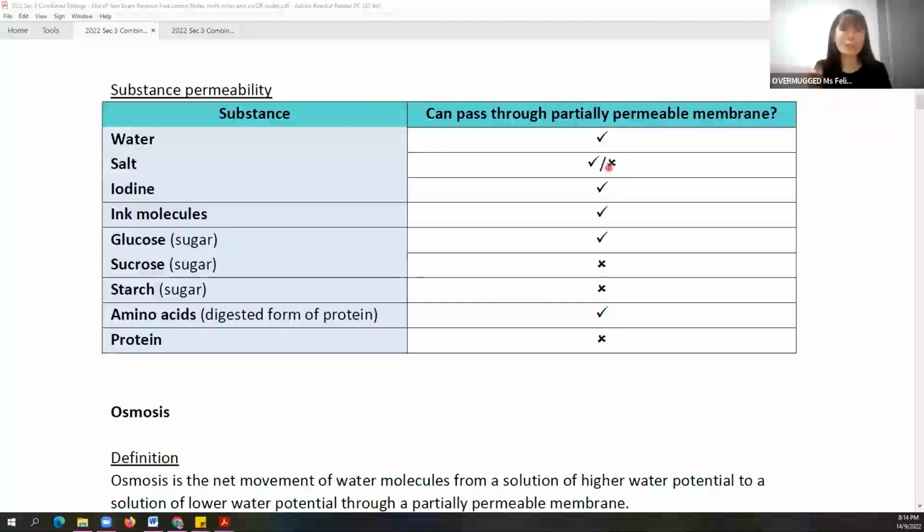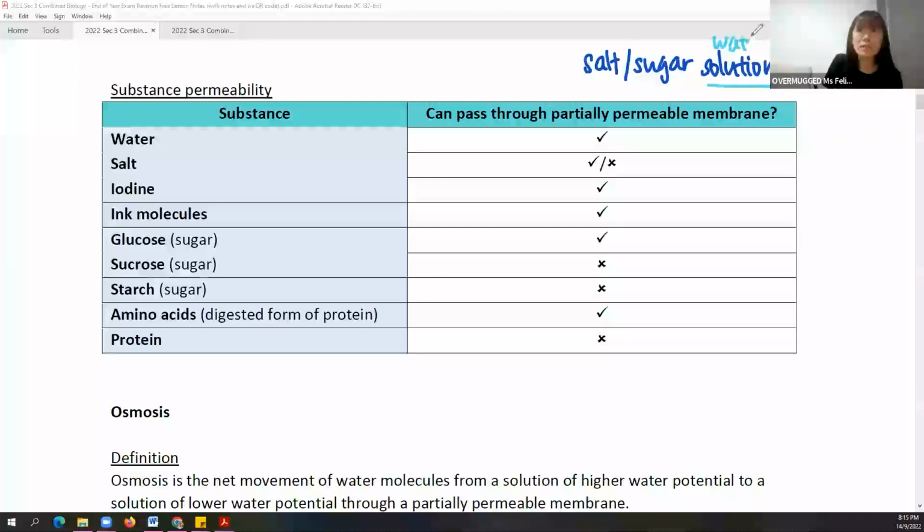If the question gives you a salt solution, always think of water being the one that can pass through. Let me write down a reminder here for you, you can write it down also. Whenever the question says salt or sugar solution, whenever you see the word solution, it means there is water, that you mix it with water. So for salt or sugar solution, it is always water molecules that are diffusing. The water molecules are the ones moving, because for salt you do not know whether it can pass through or not.